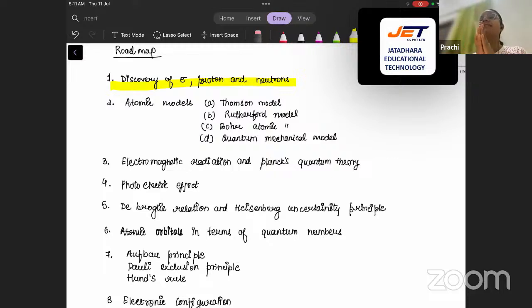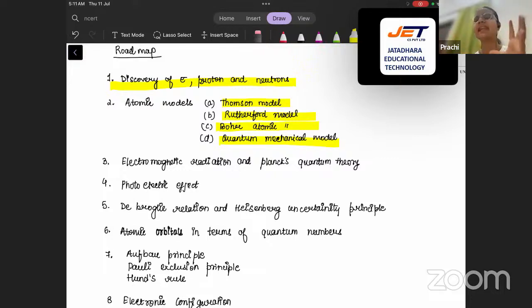So, in that, we will start with the Thomson model. And then the next model that was given for the structure of atom was the Rutherford model. And the third model that was given is the Bohr's atomic model. And after that, the final model that we use now is the quantum mechanical model.